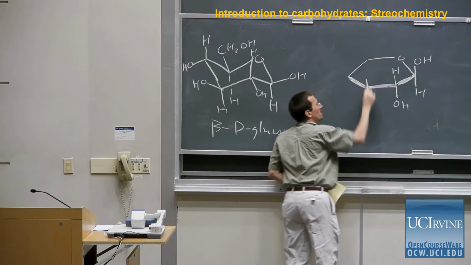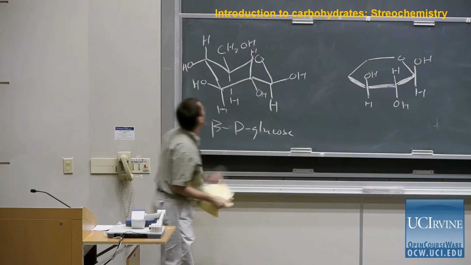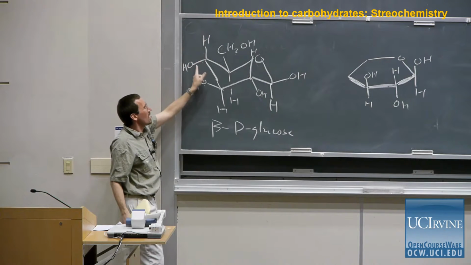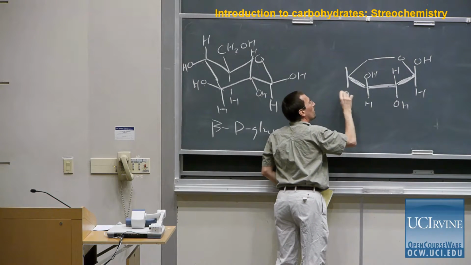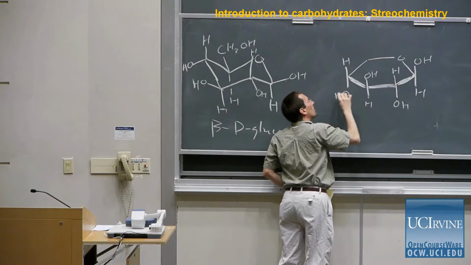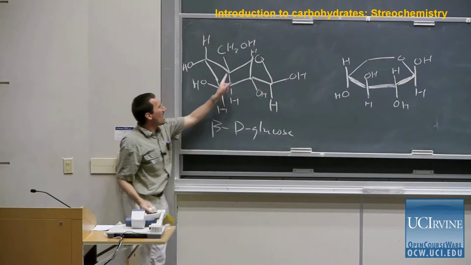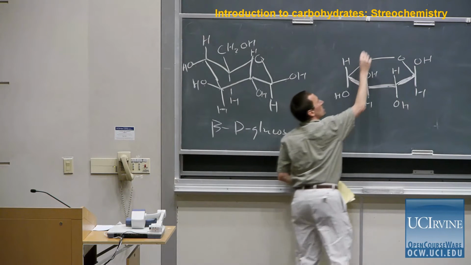So we can represent that like this. Position 4, hydrogen up, OH down. And finally, position 5, and we have hydrogen down, CH2OH up.